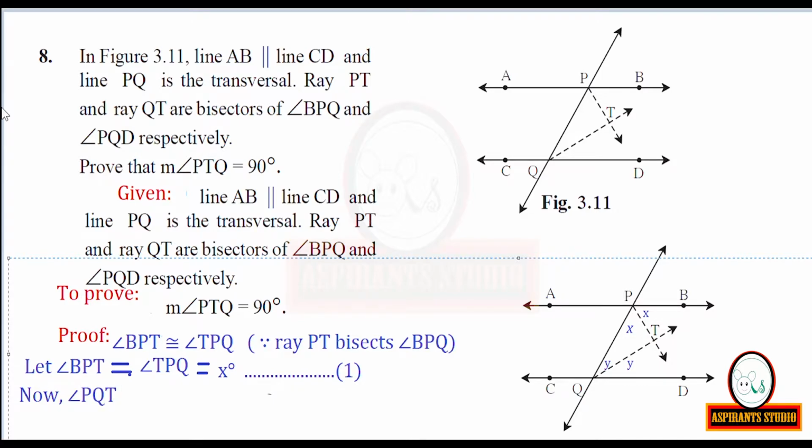Now, angle PQT is congruent to angle TQD since ray QT bisects angle PQD. It is given in the question. Ray QT bisects angle PQD. So, measure of angle PQT will be equal to measure of angle TQD.